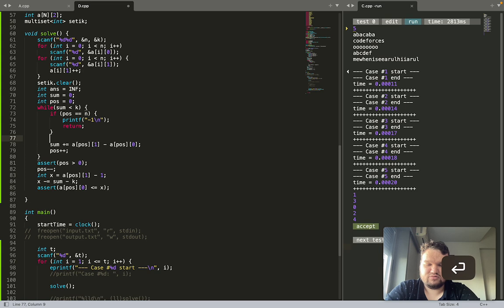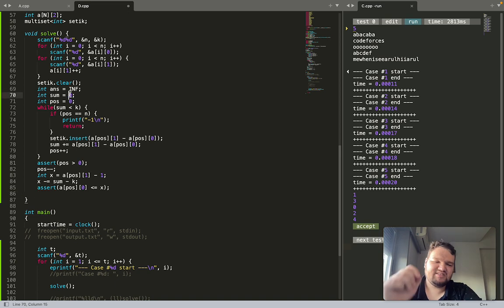Yeah, and now I wanted to insert lens here, and from now on I want sum to be the sum of segments that are stored in the set, and we can actually update the answer with something.